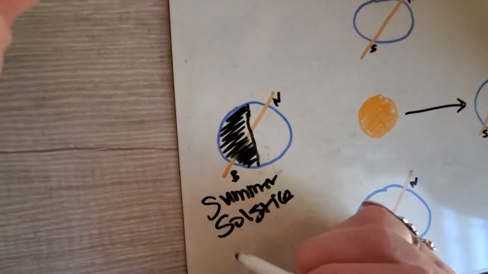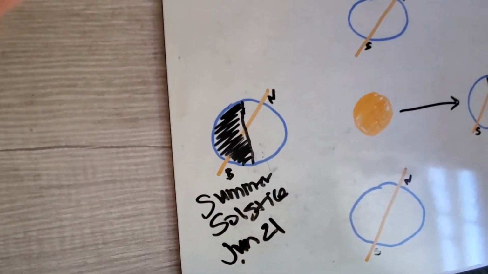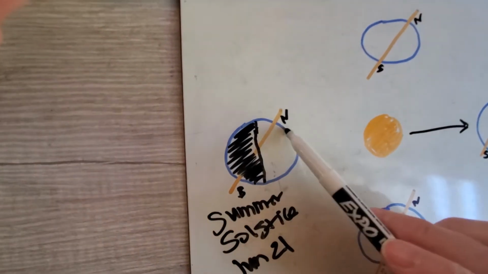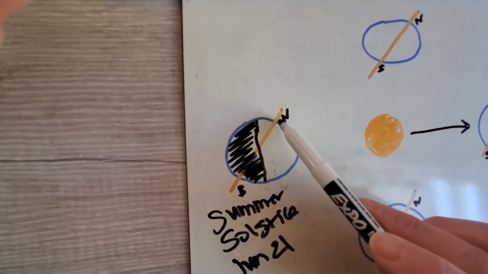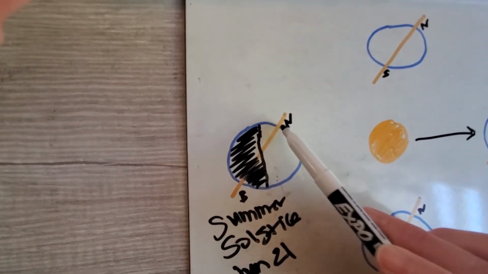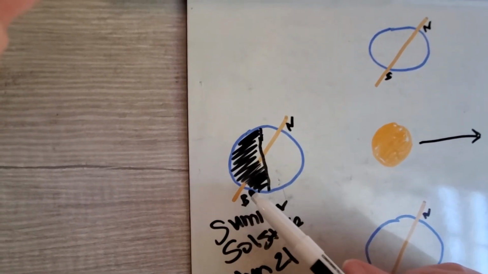This is going to be June 21st. So that's summertime for us. And look, the northern hemisphere is getting more sunlight. So the North Pole is now getting 24 hours worth of sunlight, and the South Pole is getting darkness, so it's winter.